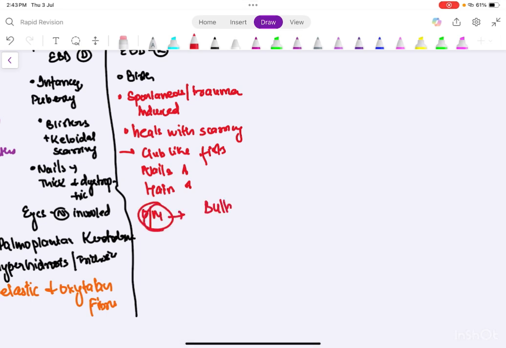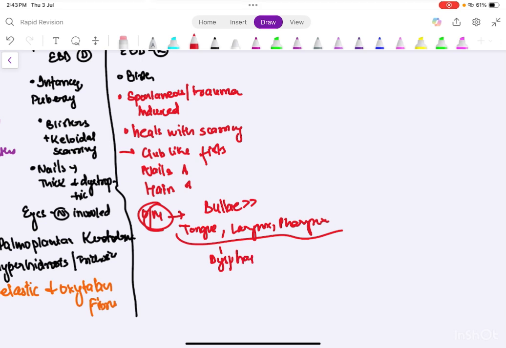The most common presentation is bullae. Bullae occur at the tongue, larynx and pharynx. This basically leads to dysphagia and hoarseness of voice.